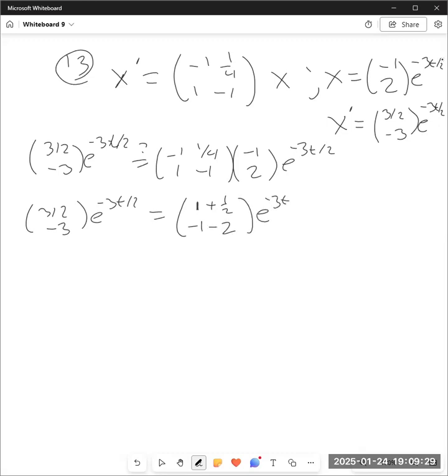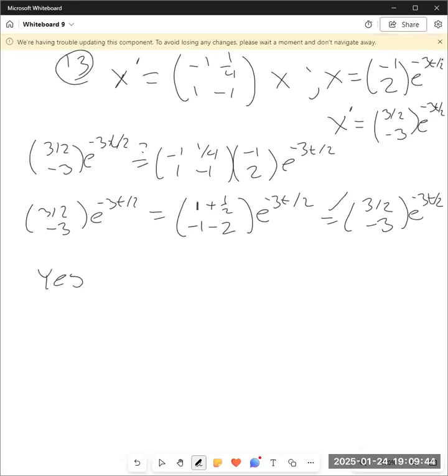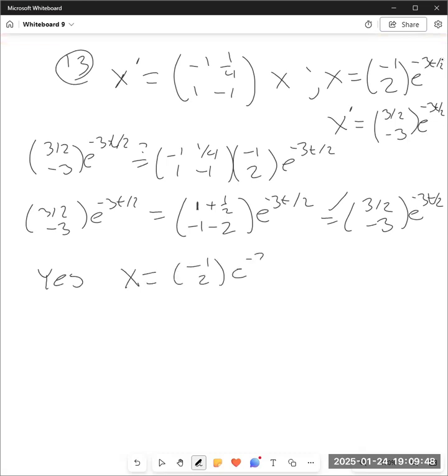E to the -3t over 2 is equal to [3/2, -3] e to the -3t over 2. So check, they're equal. So yes, X equals [-1, 2] e to the -3t over 2 is a solution.